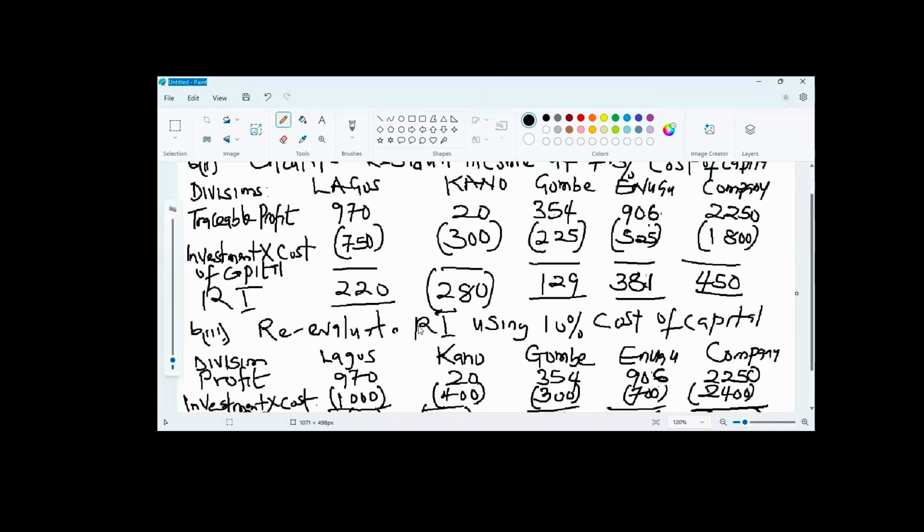Now, what will be our recommendation? Maybe you have to recommend that the manager of Enugu should be taken to Kano to take over and apply necessary steps towards making Kano become one of the good centers or divisions.